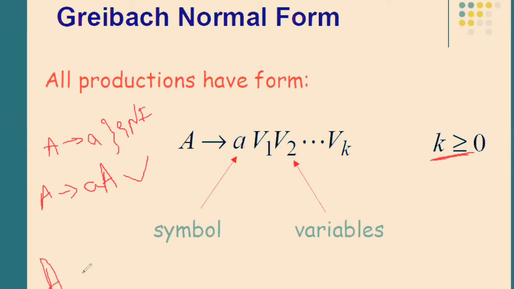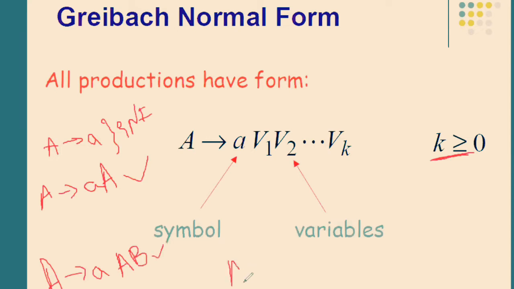Suppose I write A tends to a, A, B, is it in Greibach normal form? Yes, this is also in Greibach normal form.